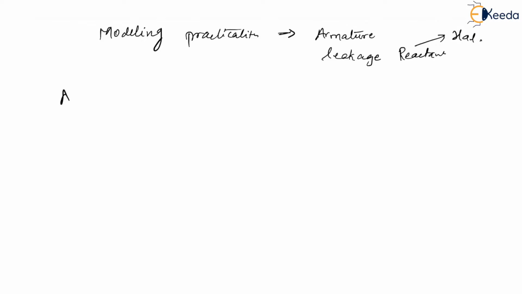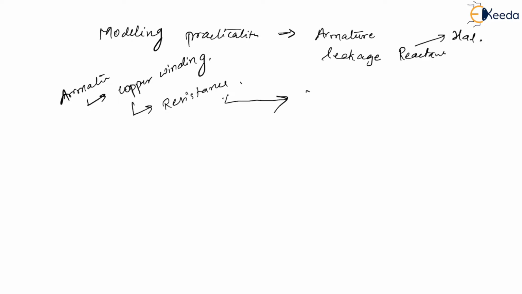Now, our armature is a copper winding, which means definitely there will be resistance. So I can also call it RA, for example.